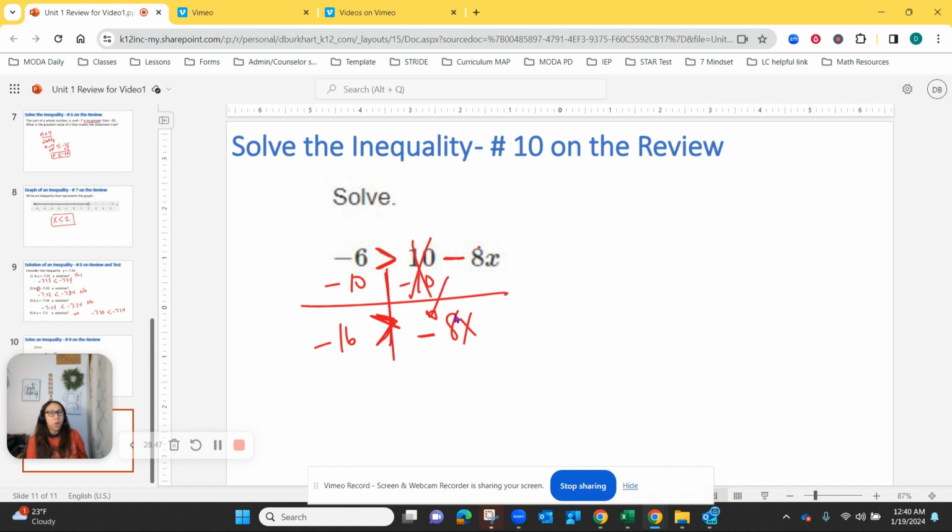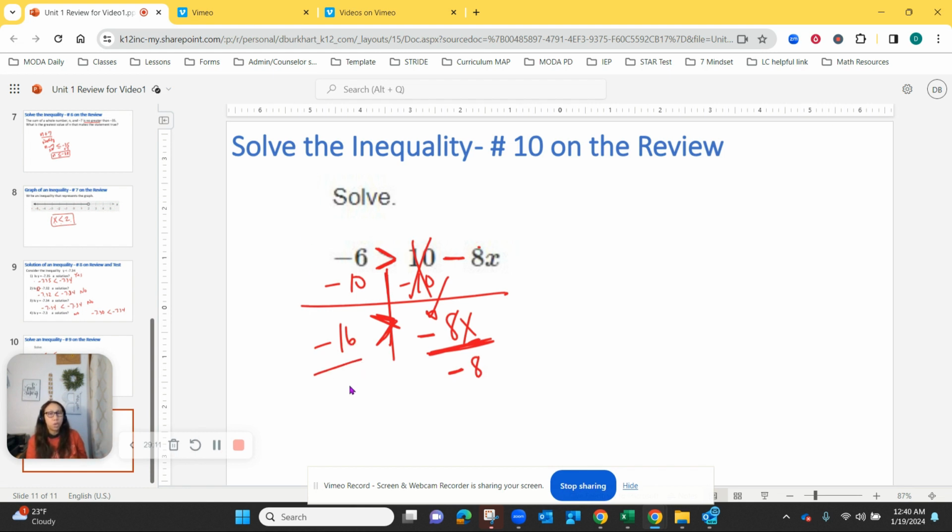Now on the right side is your x, and we wanted to get the x by itself, and the x is multiplied by negative 8. Now when we are going to isolate that x, we use the inverse operation by dividing by negative 8, not just 8 but negative 8.